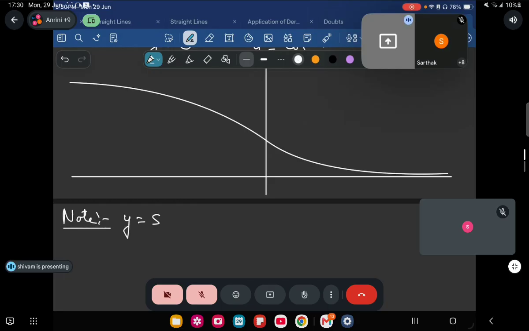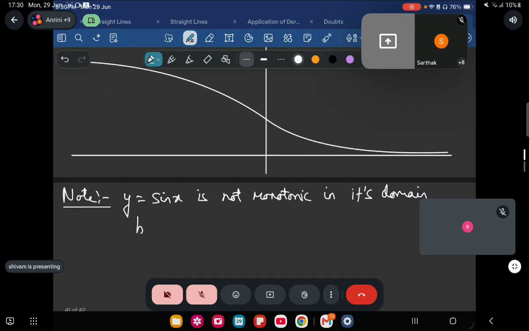y equal to sin x is not monotonic in its domain.